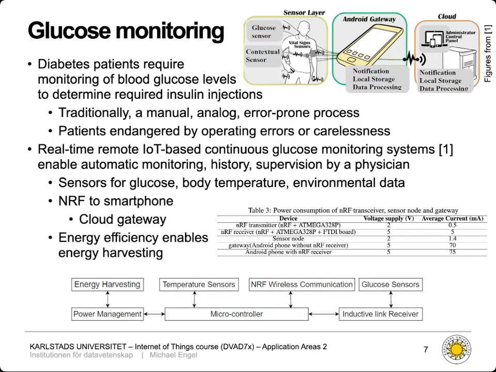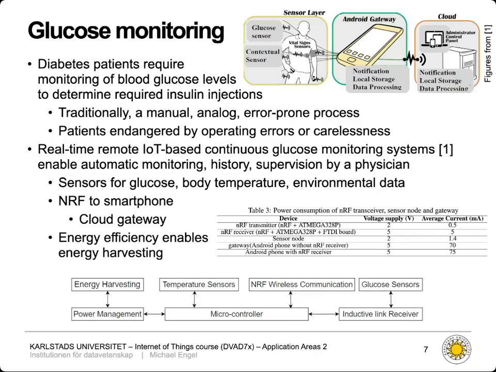Obviously, you want these devices to be energy efficient. You don't want to be reminded of charging them every day. And here, energy harvesting, like in that reference we show here on that page, is enabled by energy efficient operation.